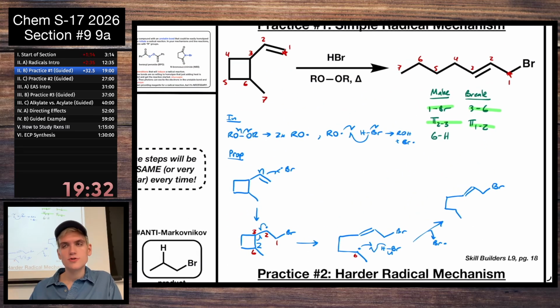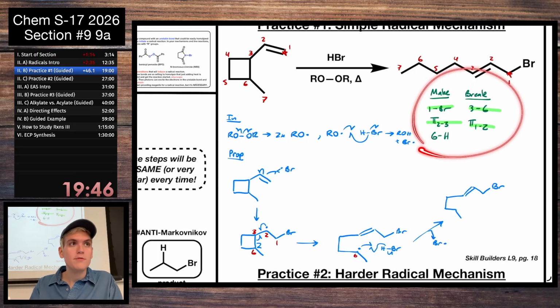So that is the core strategy every time. You are numbering carbons, mapping them onto each other, making a complete list of bonds made and broken, starting your standard reaction, and then using your list to inform where you look next.